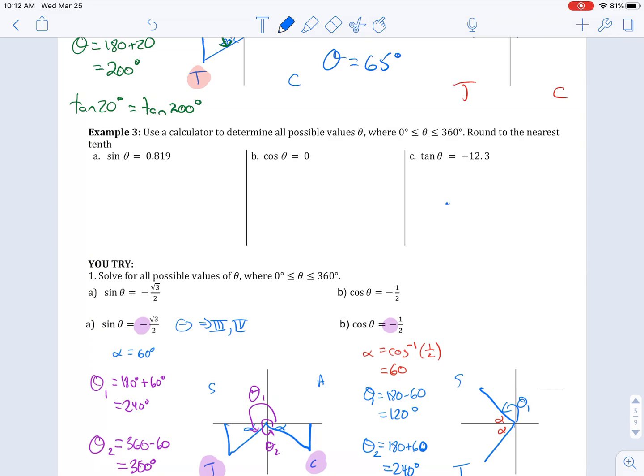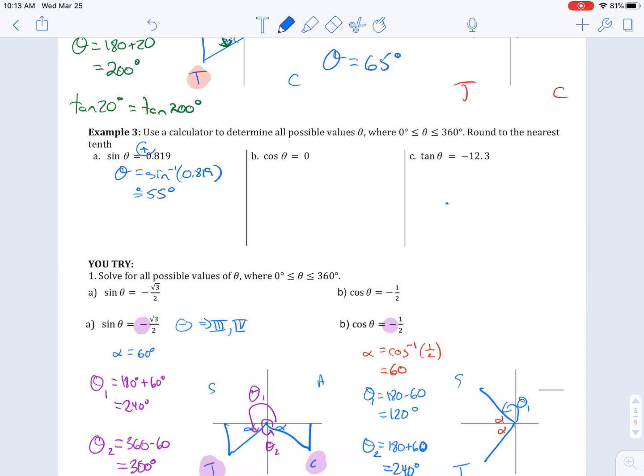Okay, the next one, it says use a calculator this time, because we don't have exact values, we've got decimals and stuff, to determine all the possible values. So in this case, if I wanted to find the first angle, I would simply use the inverse sine of this. And that gives me an angle. So that's going to be approximately, if you punch that in, 55 degrees.